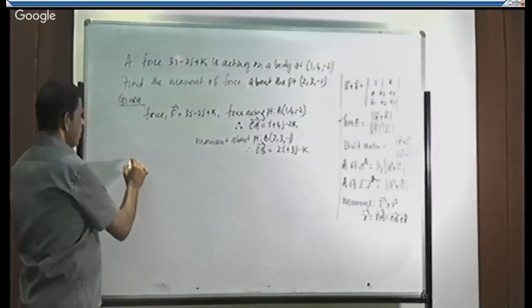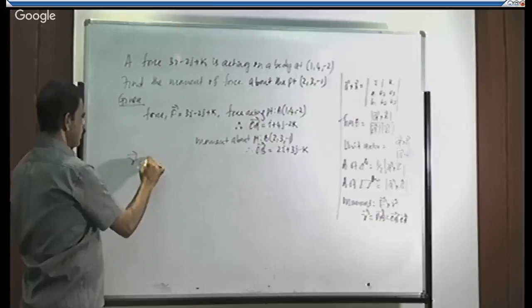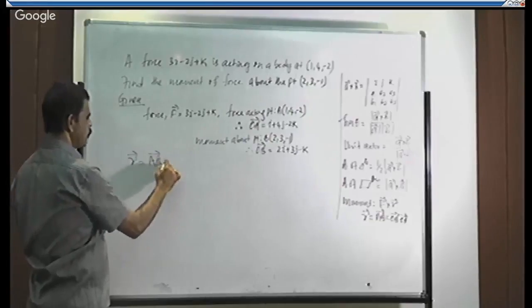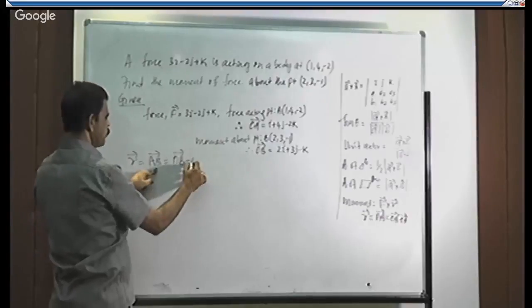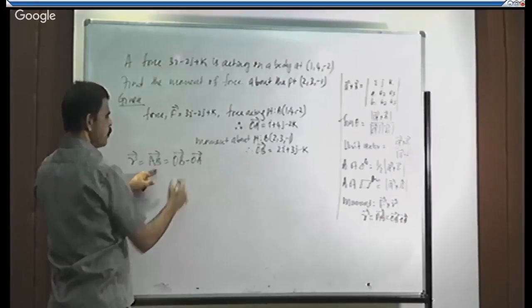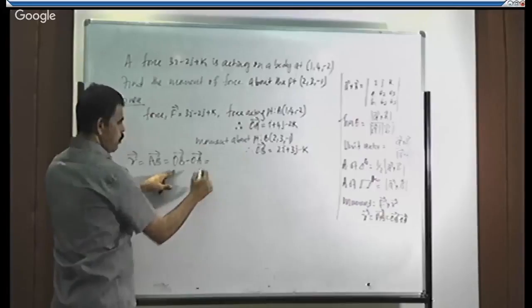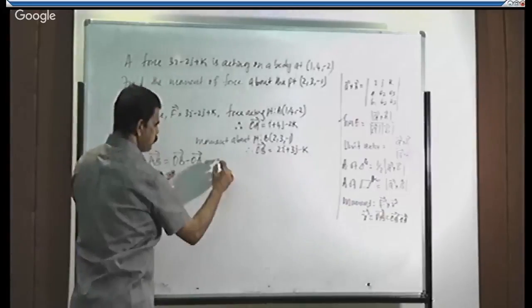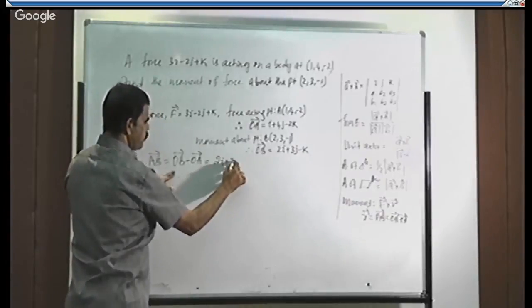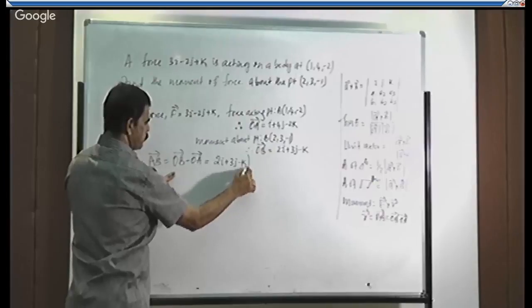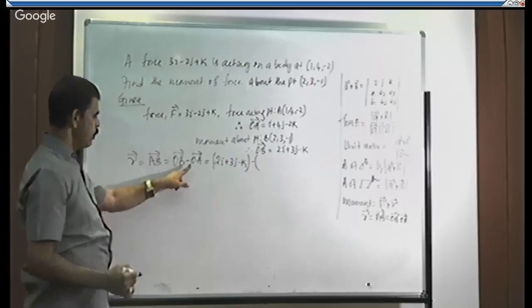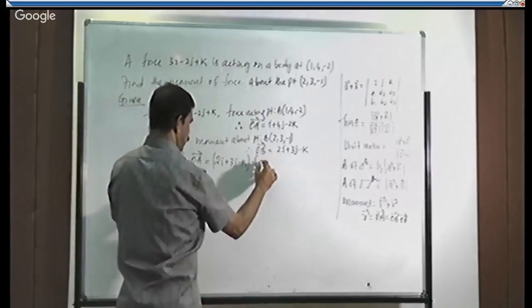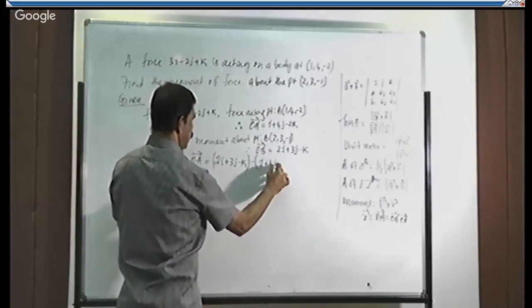Get R. R is equal to AB. That is equal to position vector of end point, that is B, minus position vector of initial point. OB, what is OB? It is 2i plus 3j minus k. Put it in bracket. Minus of OA. What is OA? It is i plus 4j minus 2k.